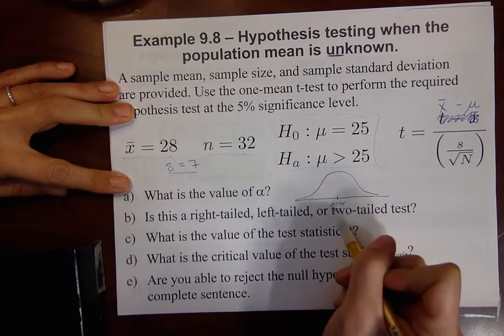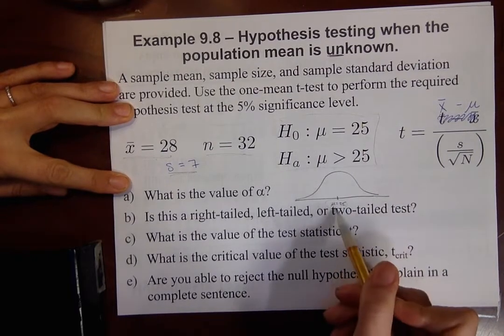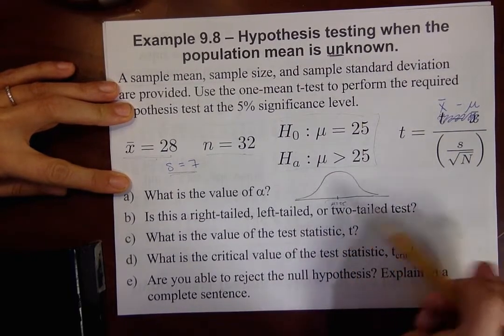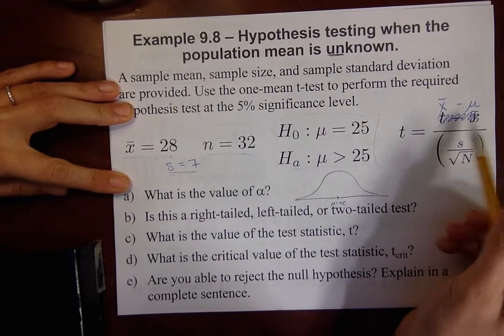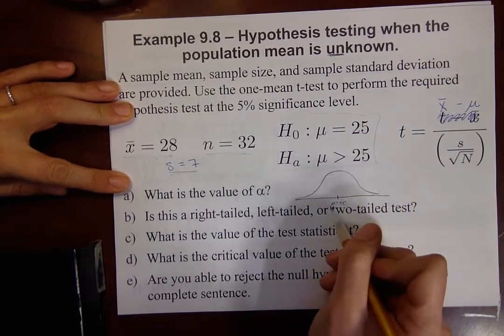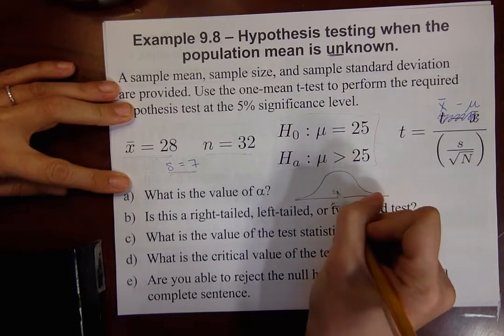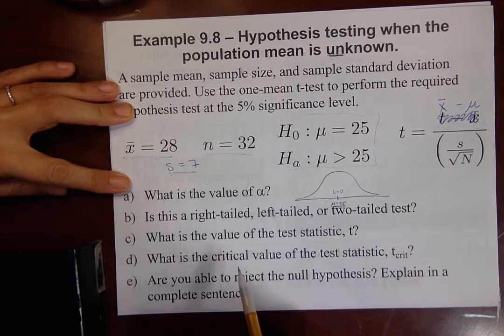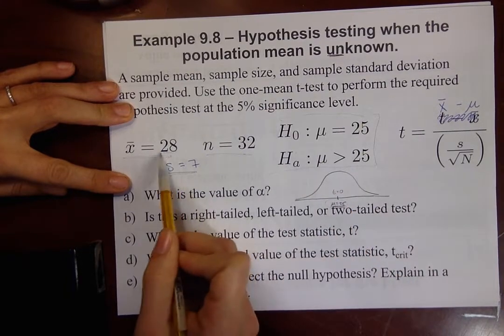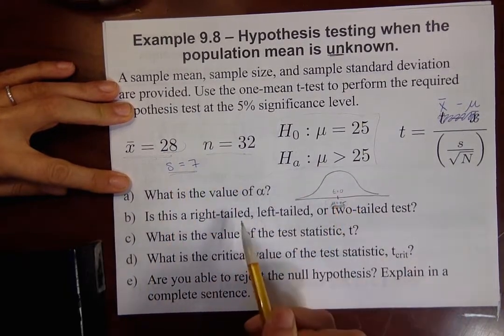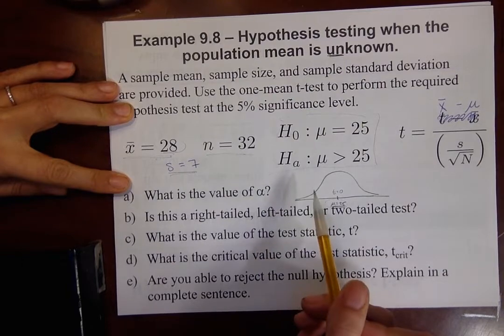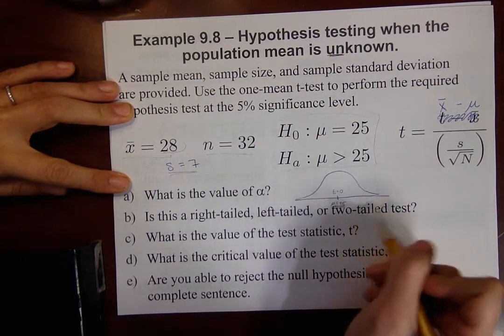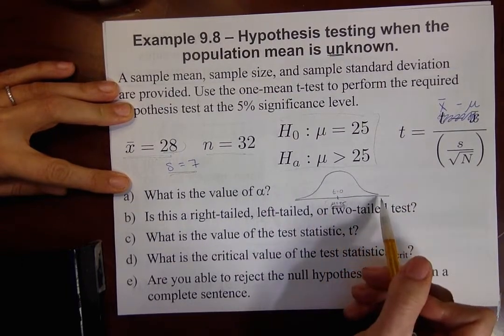What we do is we take this 25 and we transform this population mean into the t variable. So this population mean of 25 here also corresponds to a t value of 0. And so the question is, is 28 actually bigger than 25 with statistical confidence? Certainly 28 is going to be on the right side, to the right of 25.